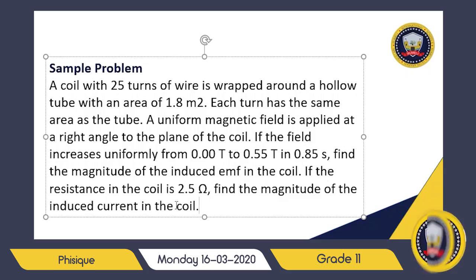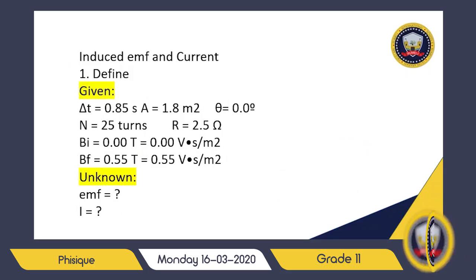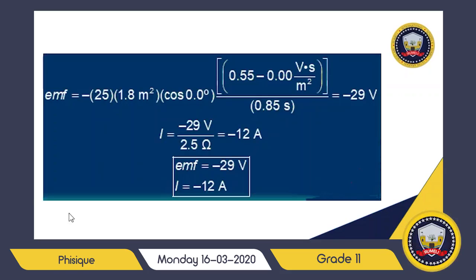To find the induced current, we need to first find the electromotive force, EMF. Now the given, as we said, we have delta t, N, the area, theta equal to 0, B initial, and B final. He's asking to find the electromotive force, then we need to find the current.